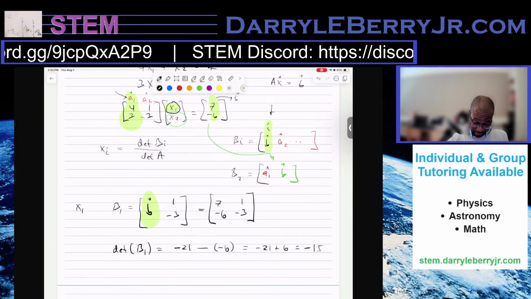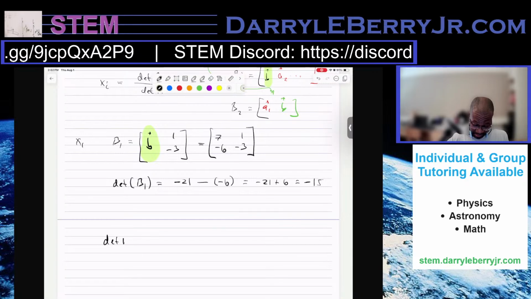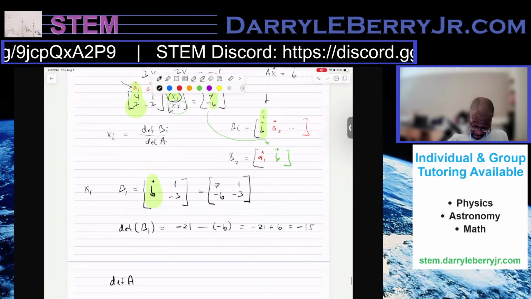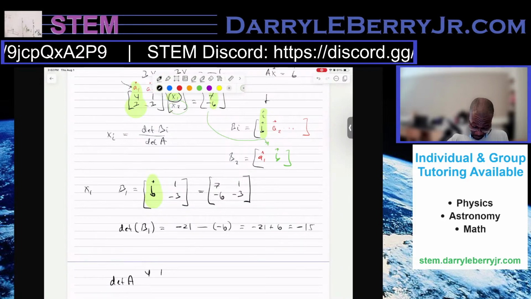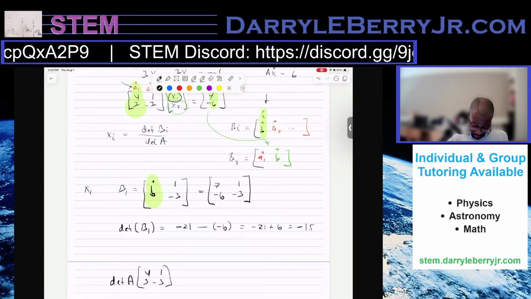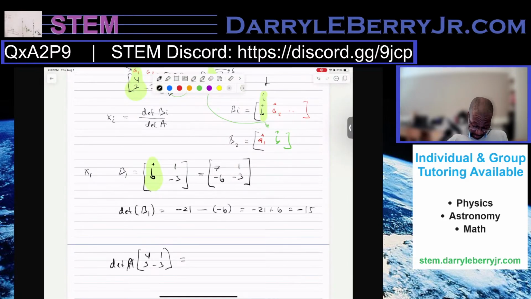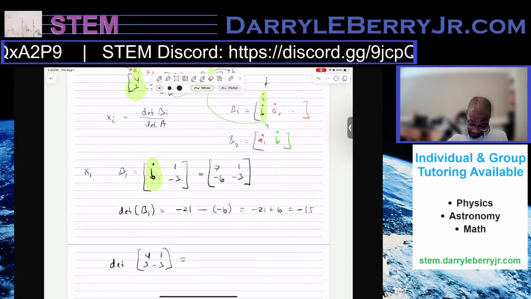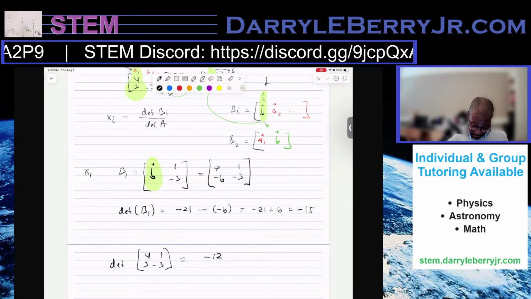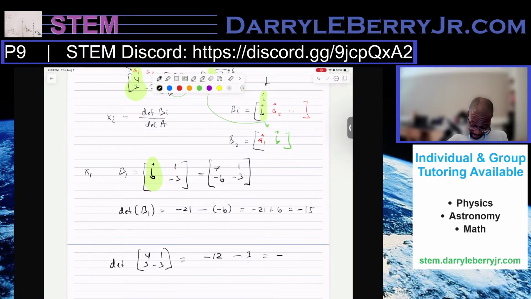I'll write my determinant of A, because we need the determinant of A. The original matrix there is still 4, 1, 3, -3. So that's going to be -12 minus 3, which equals -15.